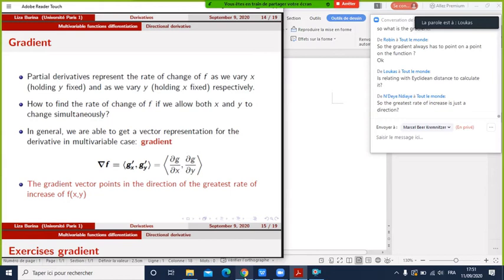So the Euclidean distance is used with vectors, in the case where we're trying to calculate the distance between two vectors. Okay, this is actually great that you know this formula because we'll use it, but it's not related. No. You shouldn't think of gradient in this case.